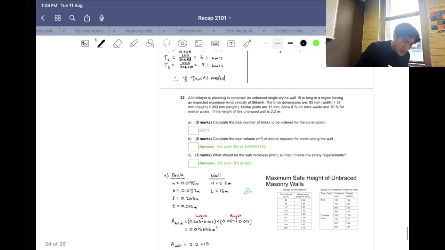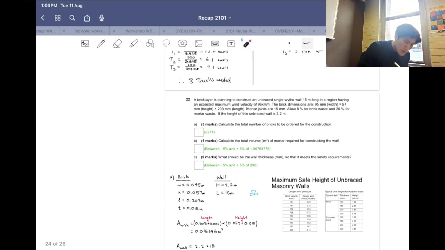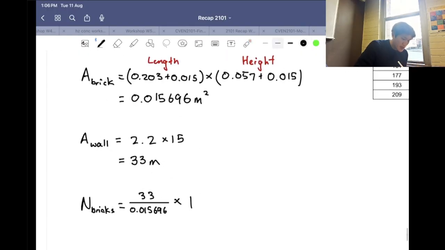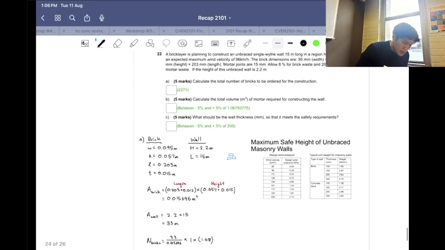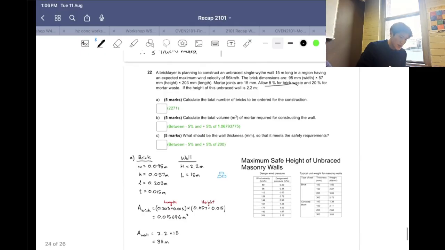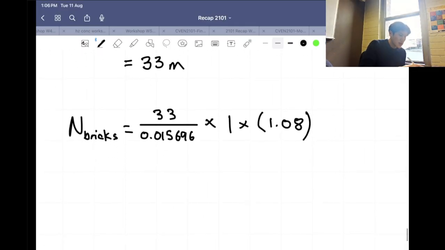They told us it is a single width wall, and then there is also a wastage factor of 1.08 for the bricks. They said, allow 8% for brick waste. So you times by 1.08. And then putting it in your calculator should give you 2,270.6 bricks.